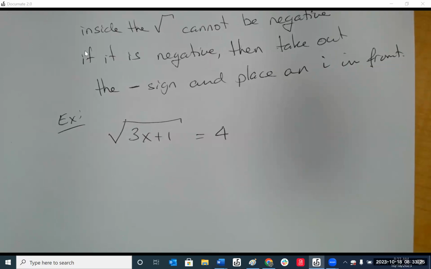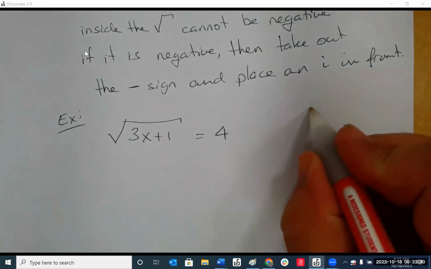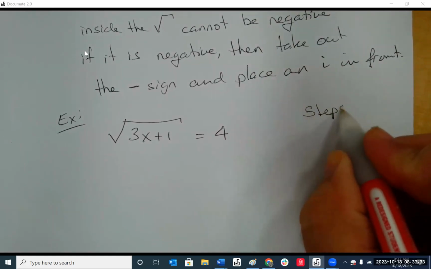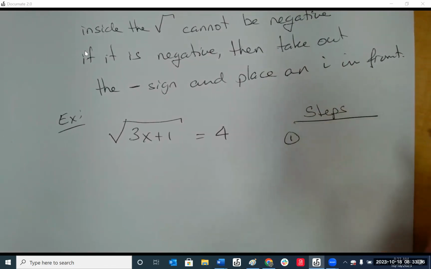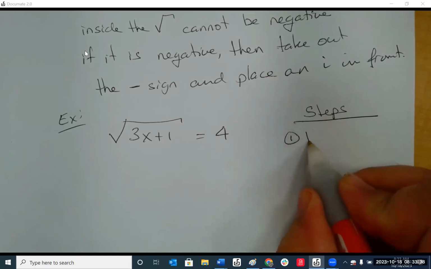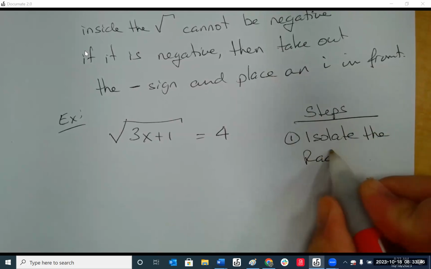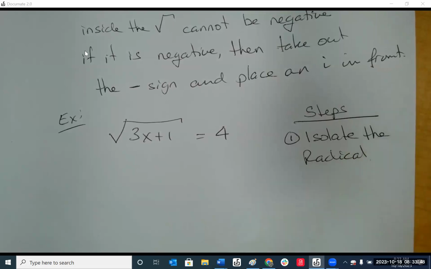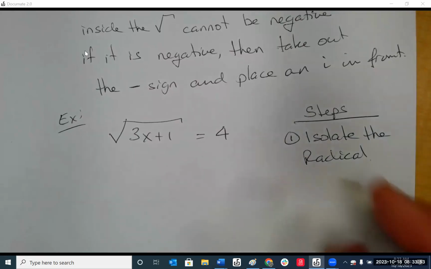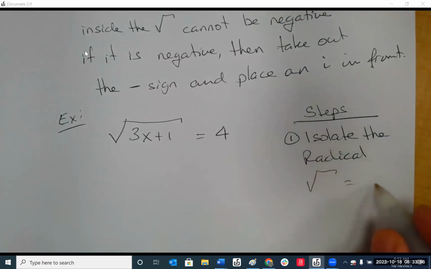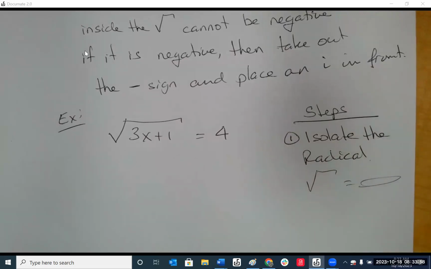So let's look at the steps here. When solving radical equations, isolate the radical. In other words, you have to have the radical on one side and everything else over here.